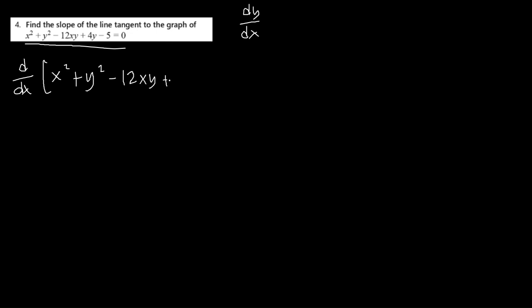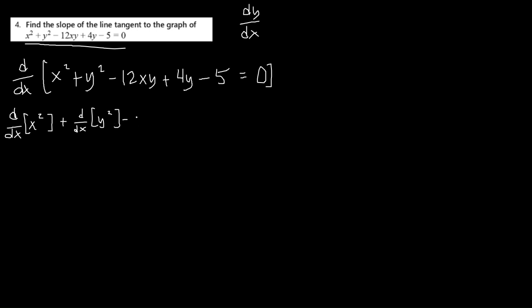x squared plus y squared minus 12xy plus 4y minus 5 equals 0. So we're going to distribute the d over dx on all these terms. So that's d over dx of x squared plus d over dx of y squared minus, here as you can see x and y are both multiplied to each other, that's 12xy.